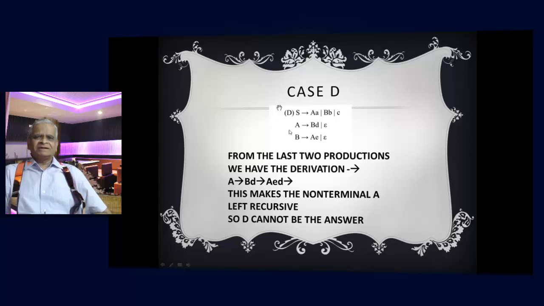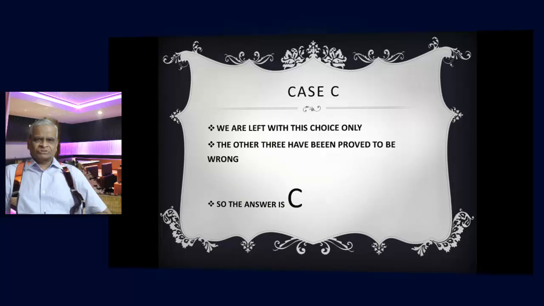So we will not consider S. Let us consider non-terminal A. From S I can go to A, from A I can go to B, from B I can come to A. That means from A I can come to B and come to A again, and from S I can come to this A. So A is a left recursive non-terminal. So D cannot be the answer. So case D is ruled out.